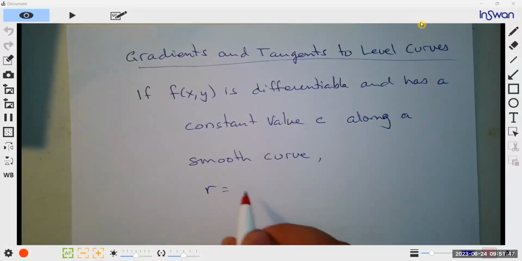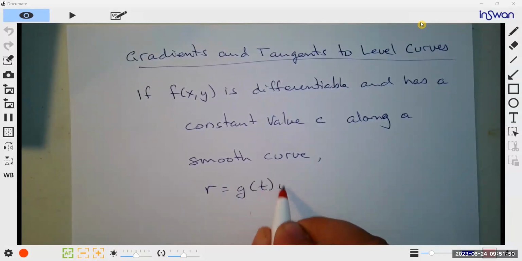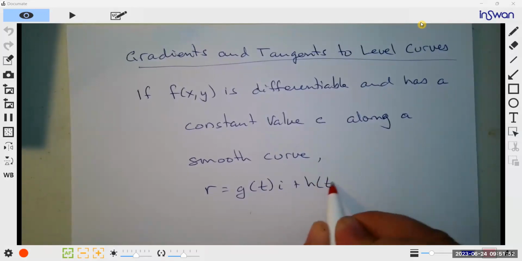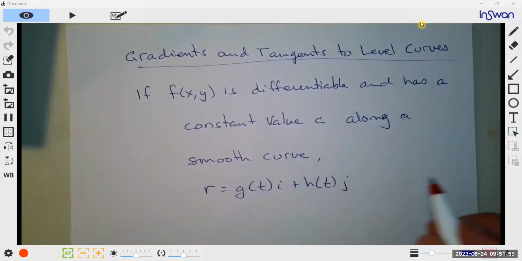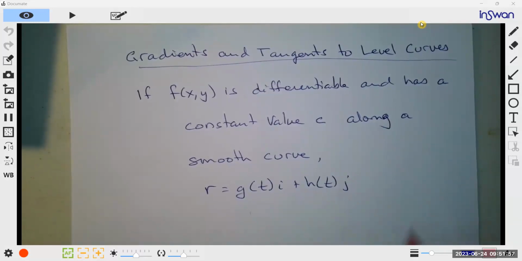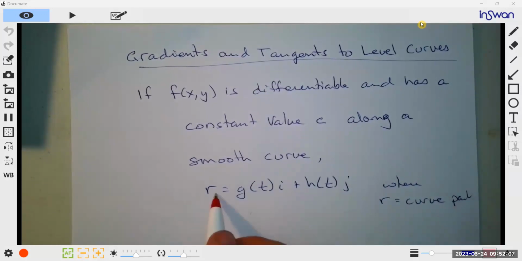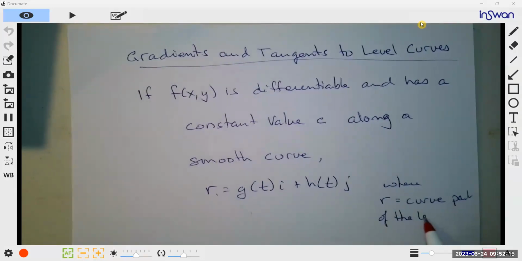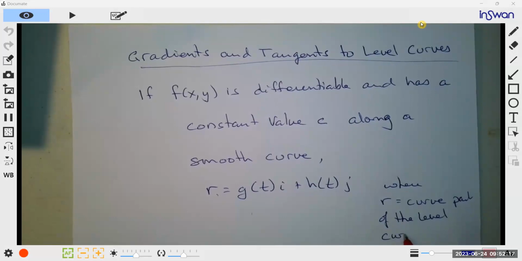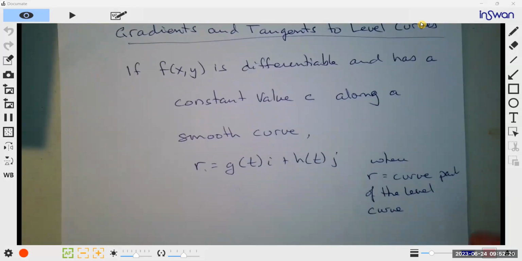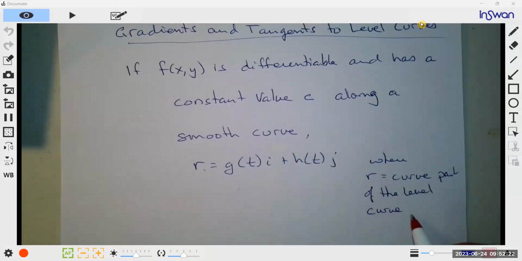then we define r as g of t i plus h of t j, where r is the curve, part of the level curve of our function.